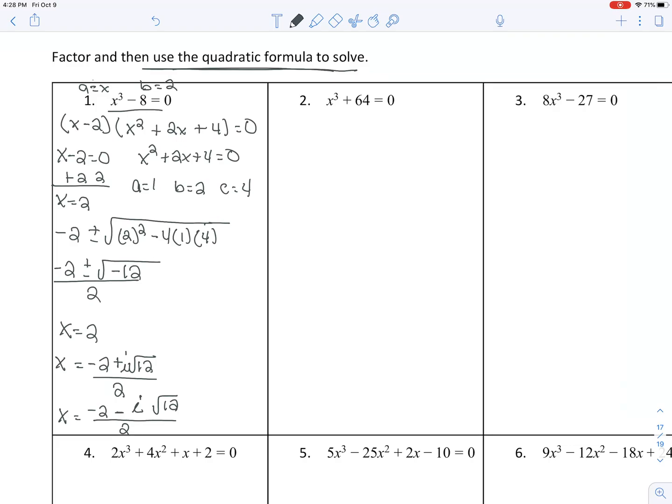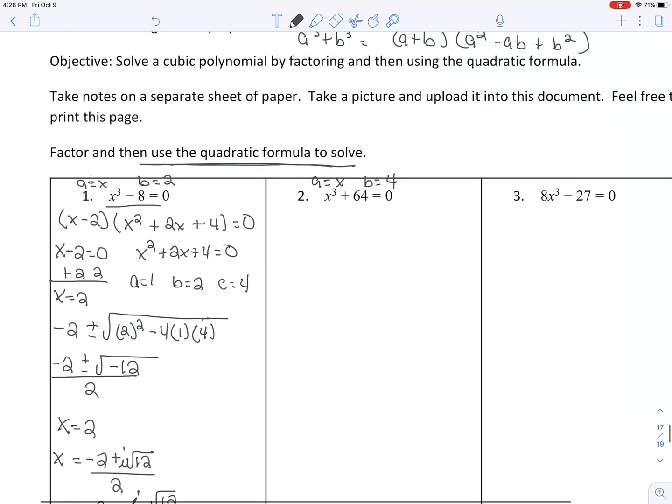Remember, we're going to have a real solution and then two imaginary solutions. So for this one, we have a is x and b is 4.